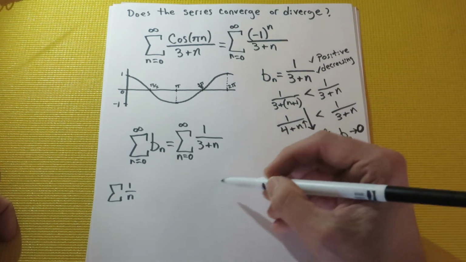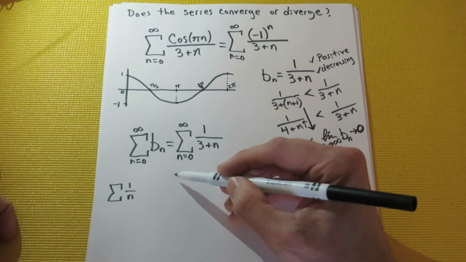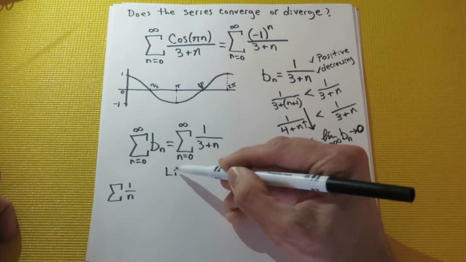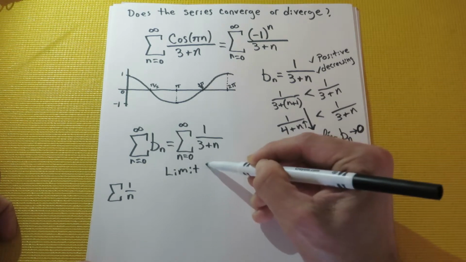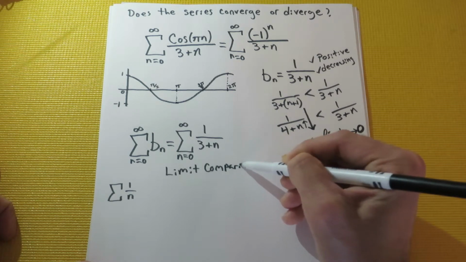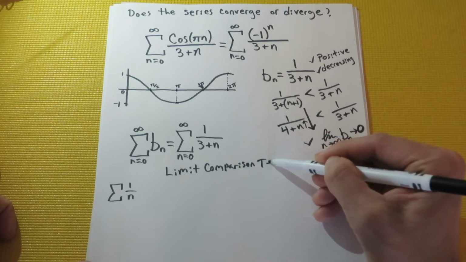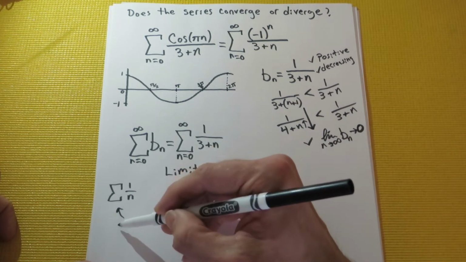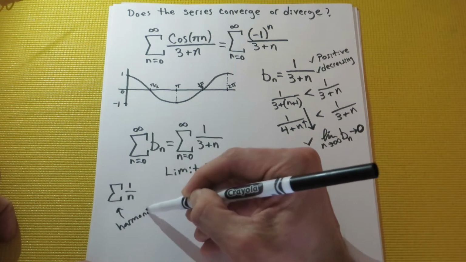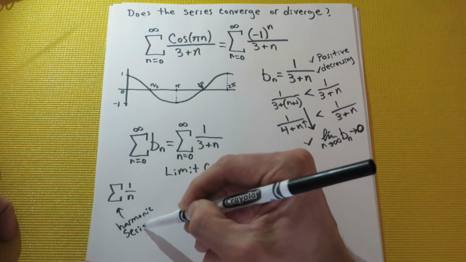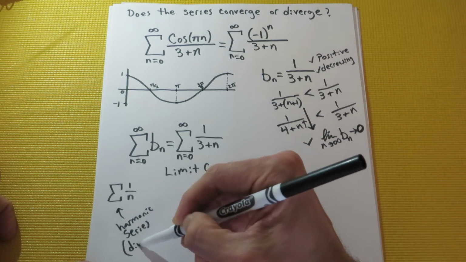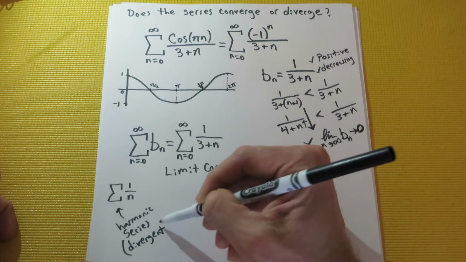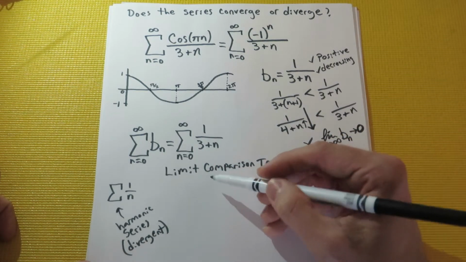So let's go ahead and do that. This is our harmonic series here, which is divergent. That's what we're going to be comparing it to.